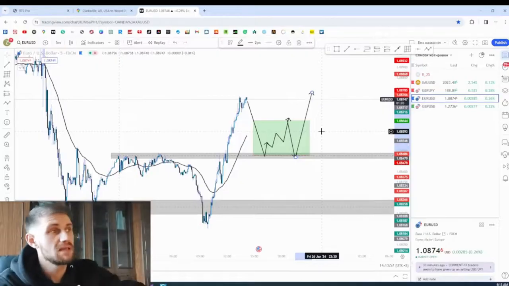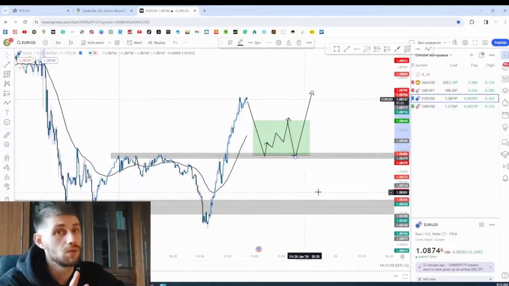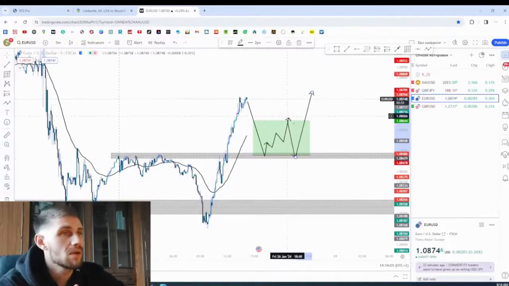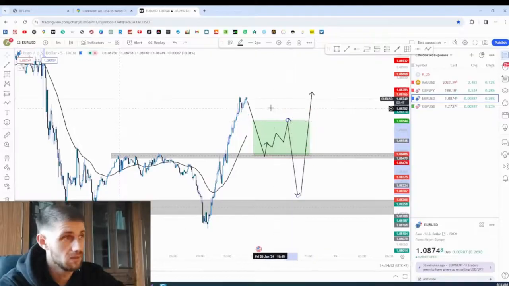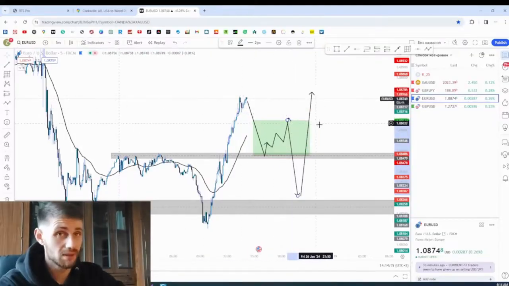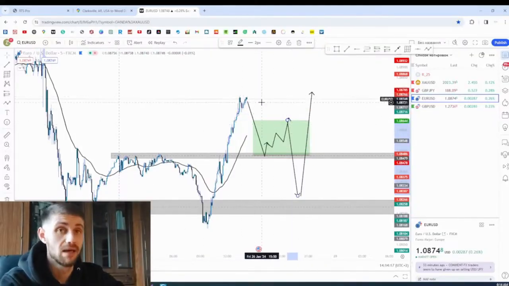But in this case scenario, and I'm sure this happens to you guys a lot of times, you just enter a trade, it goes to some profit, and then it just turns back and hits your stop loss. And you say, man, I could have taken profit here or here, somewhere, but I did not.